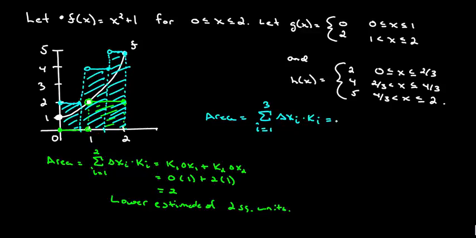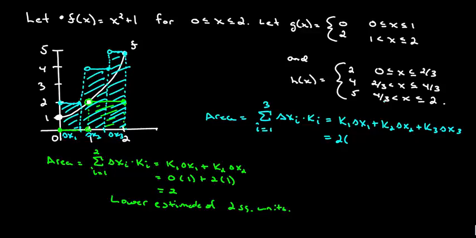So I have to calculate k1 times delta x1 plus k2 times delta x2 plus k3 times delta x3. So k1, the height of it, is 2.